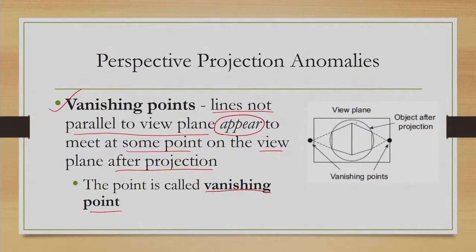For example, if we have an object like this, as you can see, this side and this side appear to meet at these points. These are vanishing points, and accordingly the object shape is projected. This again gives us a sense of 3D reality.